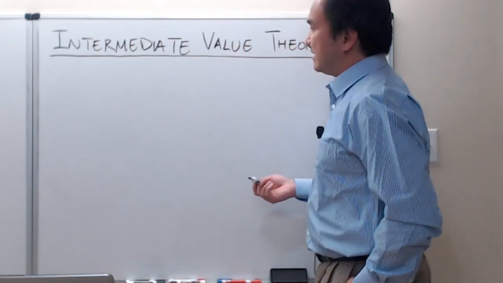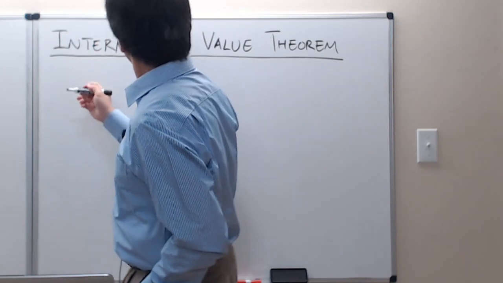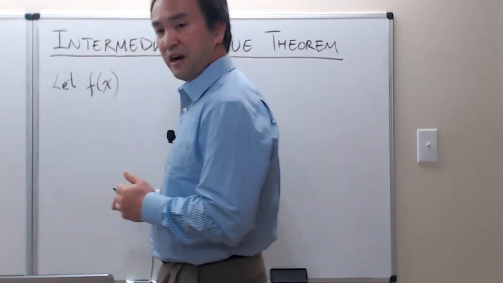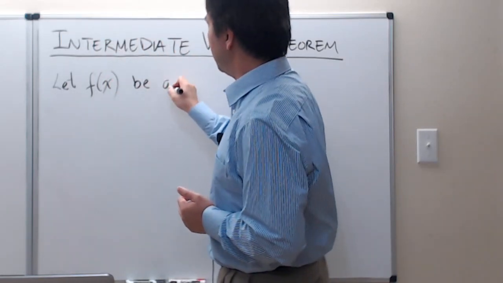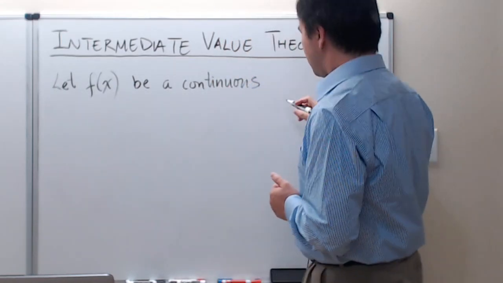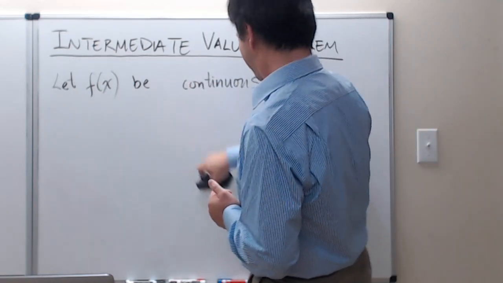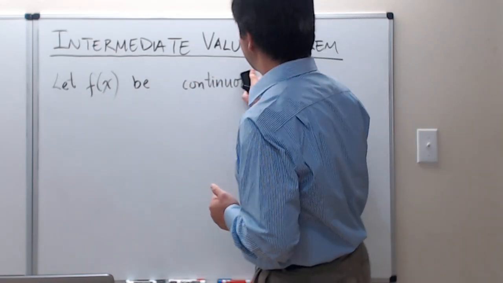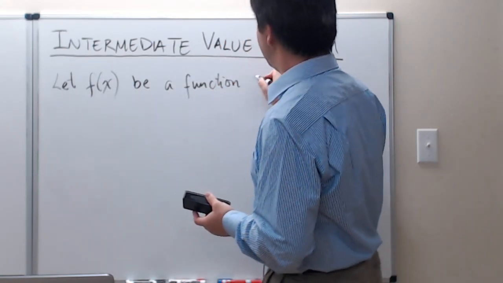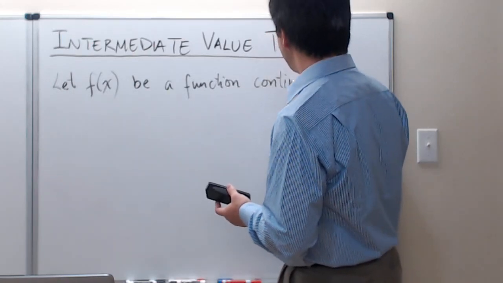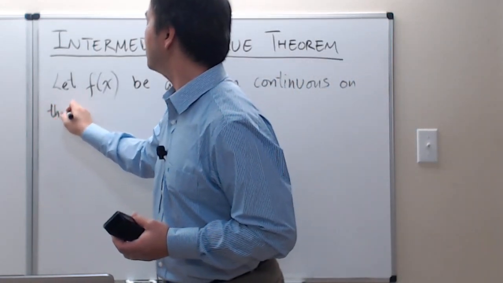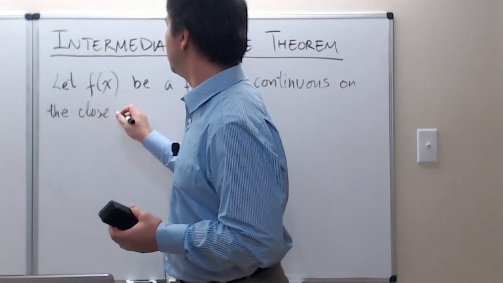The intermediate value theorem starts out by saying: let f of x, any function, be a continuous function, or more precisely, let f of x be a function, but more precisely continuous on the closed interval.